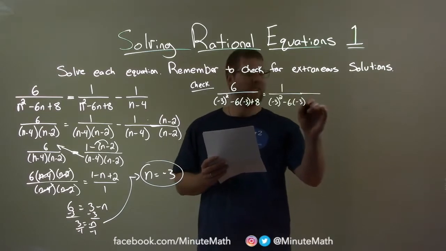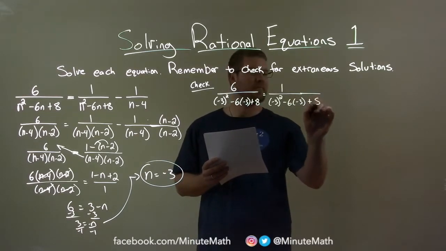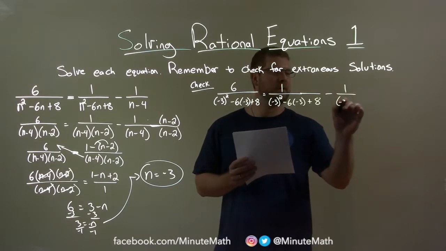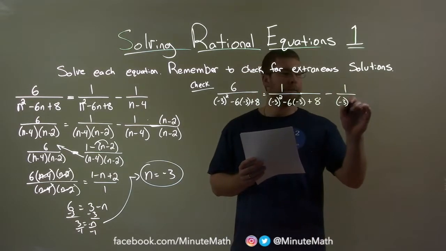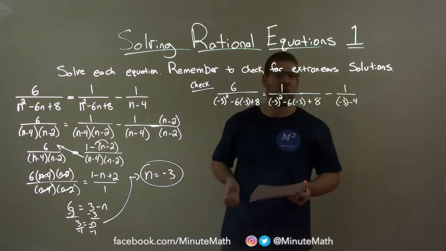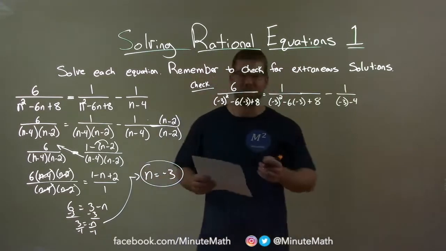I always don't make the fraction long enough. Plus 8 minus 1 over N, which is negative 3, minus 4. Now we're going to see if the left and right hand side are equal. If they are, we're good.